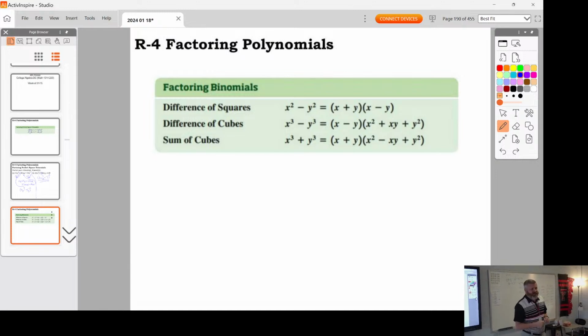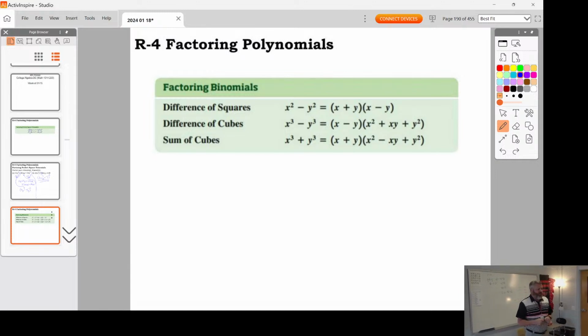Do you remember these? Difference of squares, sum of cubes, difference of cubes. Y'all remember this from last semester? Yeah? Is there a formula for sum of squares? No. So if you have a perfect square plus a perfect square, it doesn't factor.